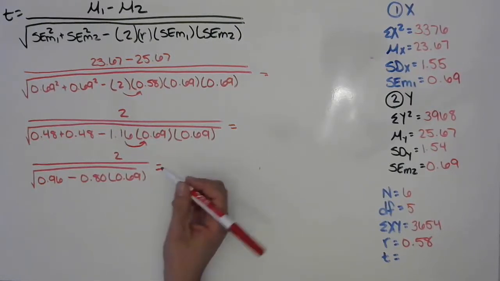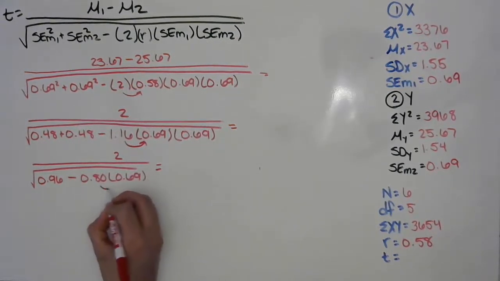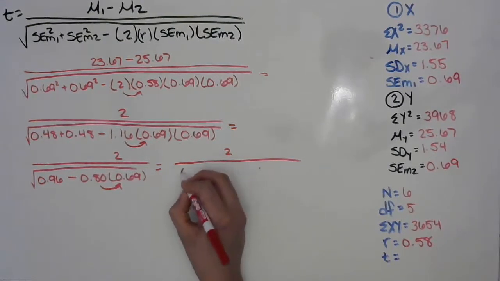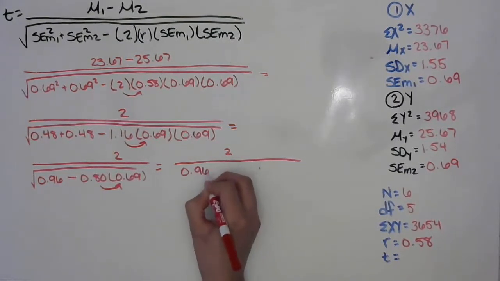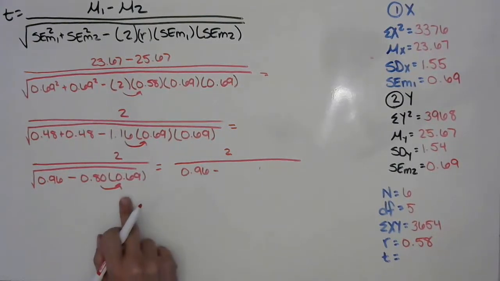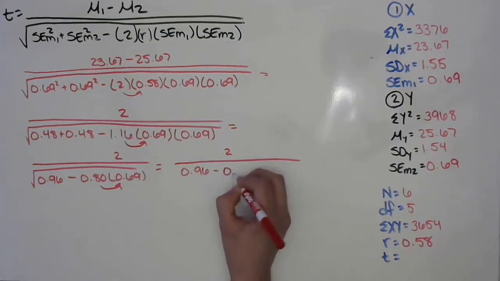Okay, so lastly, let's do these two here. So we'll have 2 over 0.96 minus, and then we're going to multiply 0.80 times 0.69, and that is going to give us 0.55.